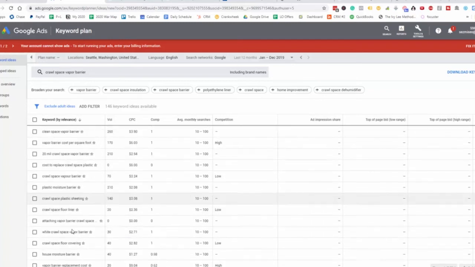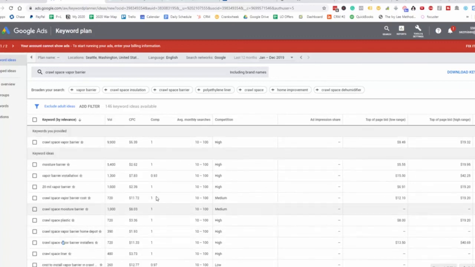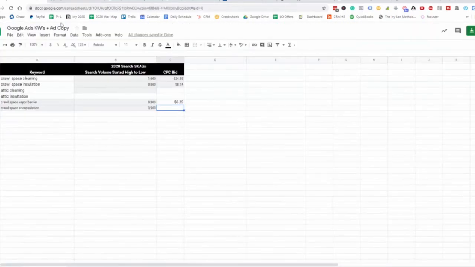So hopefully you're getting the idea here of what we're looking to do. We're looking to have our top main keywords into one particular keyword ad group and having the more specific keywords under those. Going back over here, we're most likely going to have crawl space encapsulation near me, crawl space vapor barrier installation near me, right?